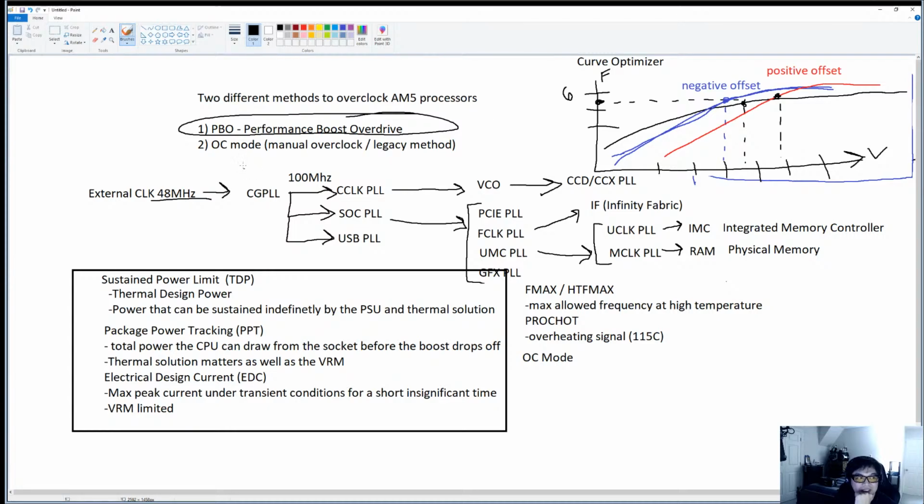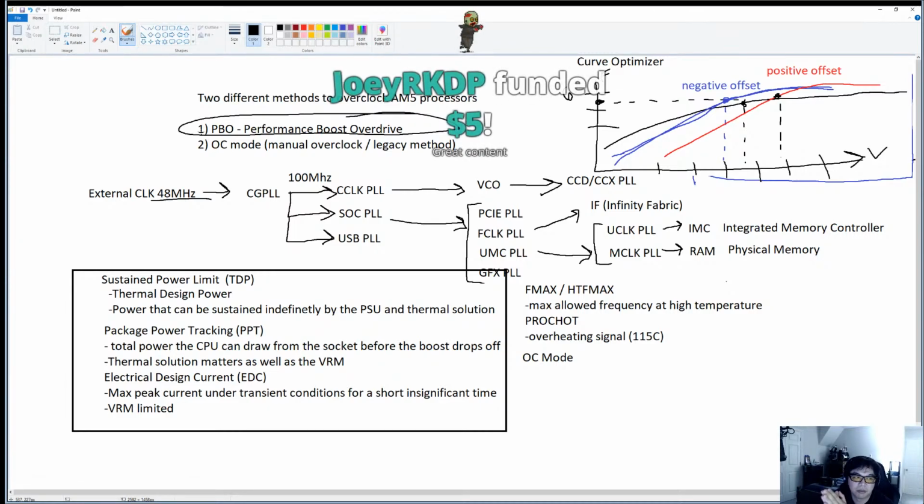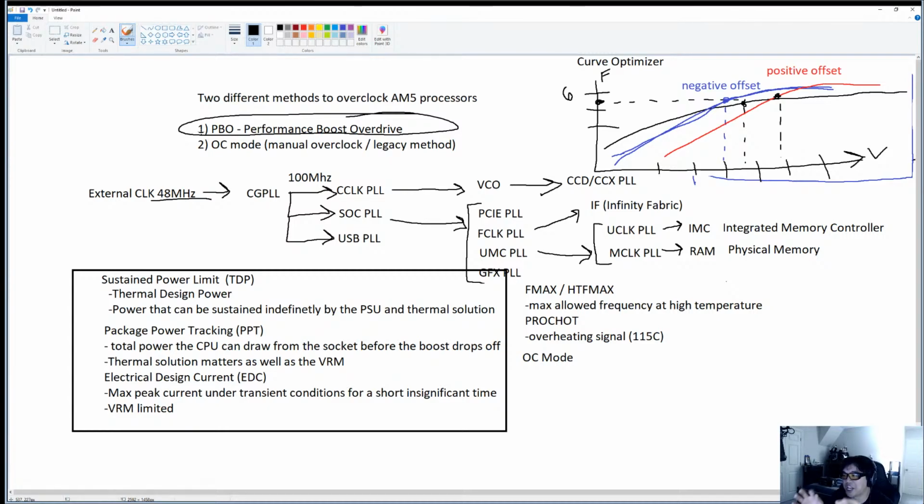So PBO, Precision Boost Overdrive, is really where most of the value from the overclocking is going to come from. The other option is going to be the OC mode. OC mode is, think of it like manual overclocking, very granular.